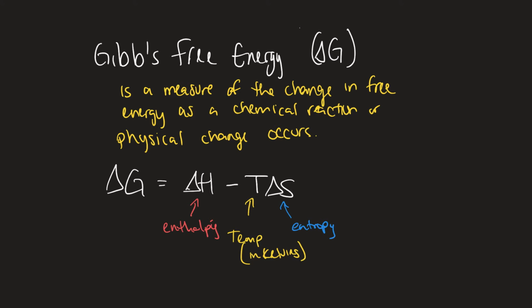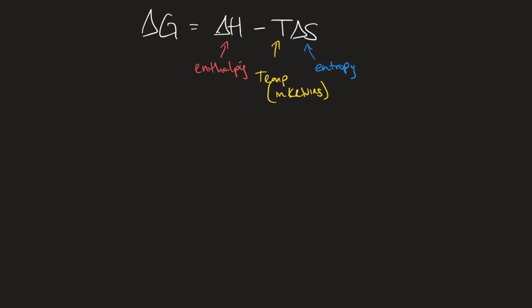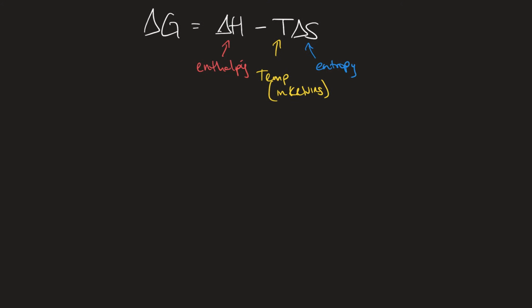So delta G takes into account these two factors that affect whether it's going to be spontaneous or not.